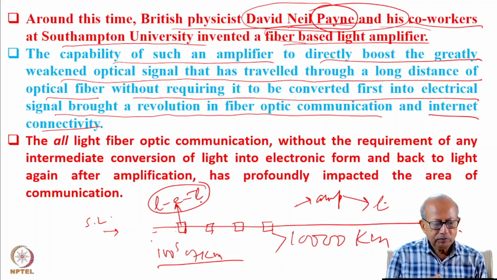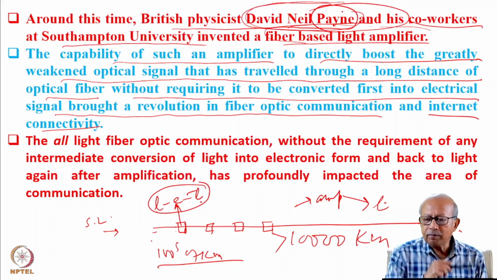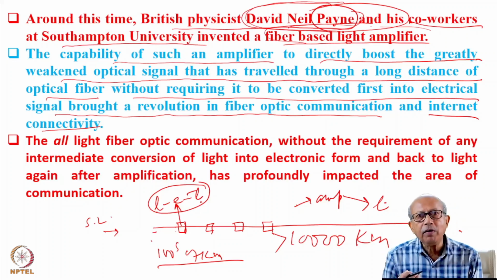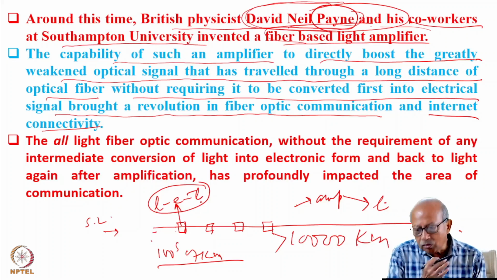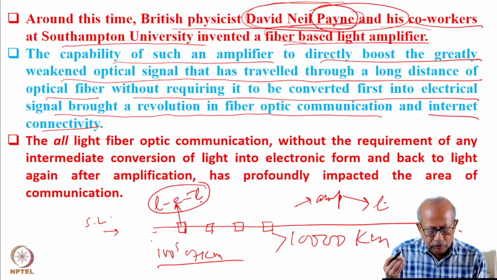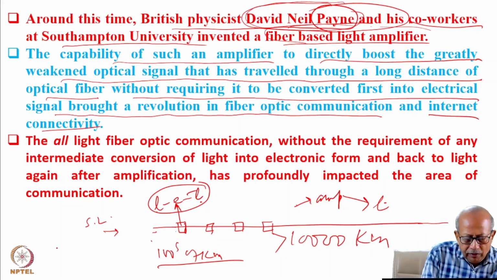However, the discovery by Payne that light can be amplified as light through optical fiber changed the scenario. It was indeed a game changer. So then what happens now? So this weak signal, so this is the fiber.